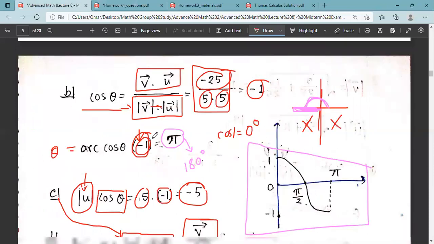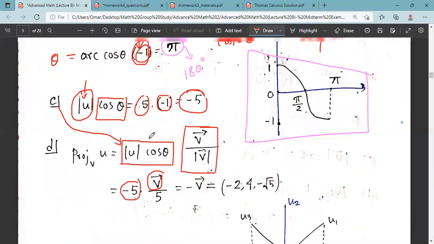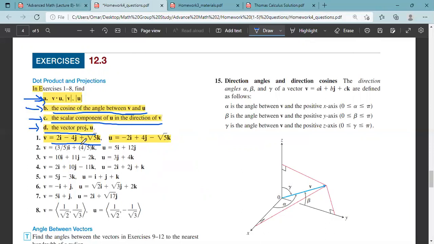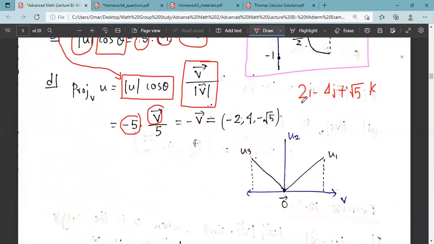So I write here 2i minus 4j plus root over 5k. I have written the v vector here, right? And then if you look here, norm of v is going to be 5.